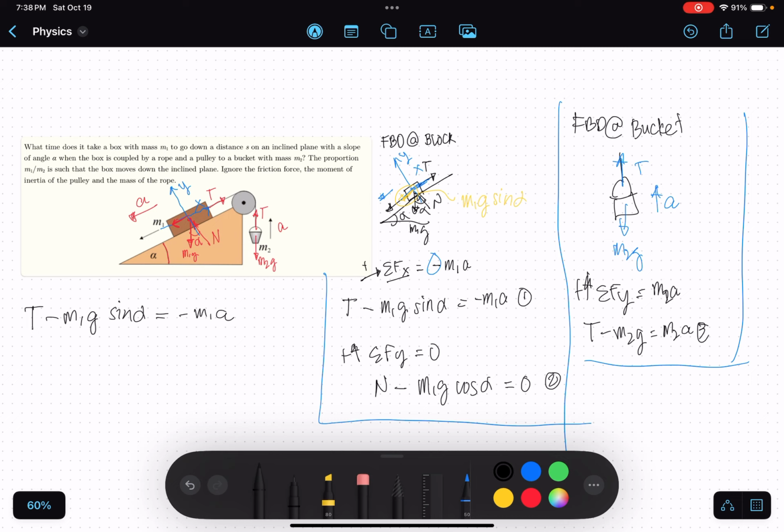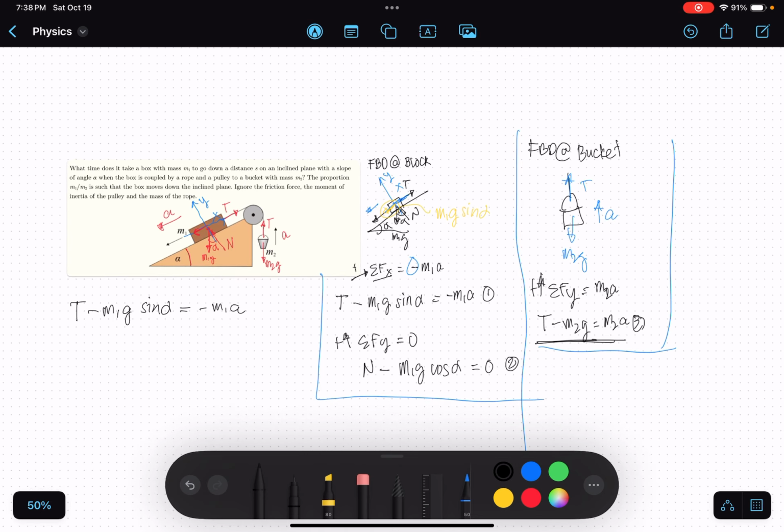Now, si equation 3, multiply natin. Ito si equation 3, di ba? Try natin multiply ng negative 1, both sides of equation. Ang purpose ng pag-multiply natin, para makancel natin si T. You have negative T plus M2G equals negative M2A.